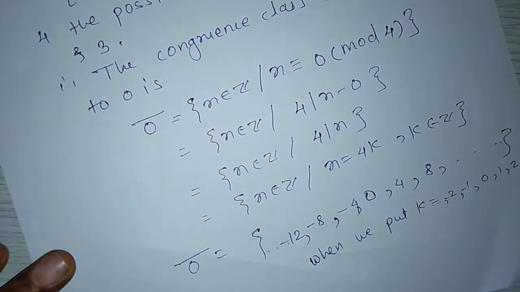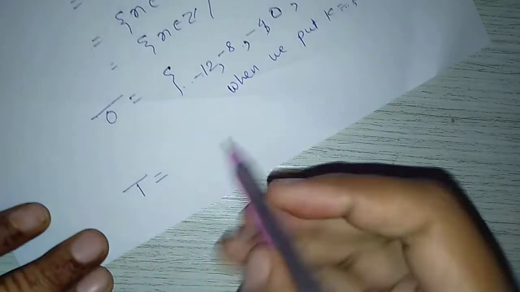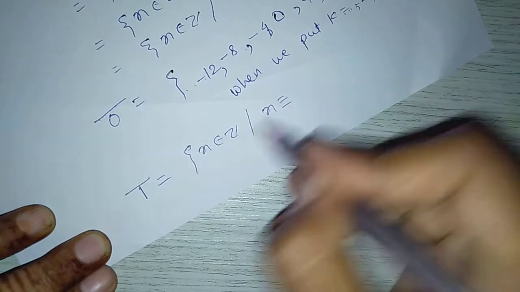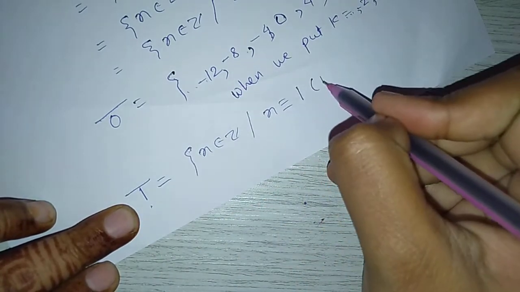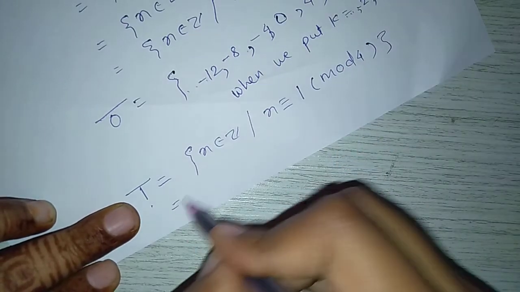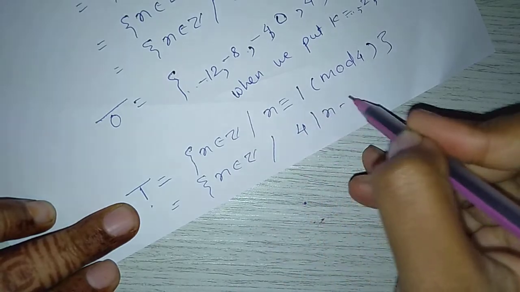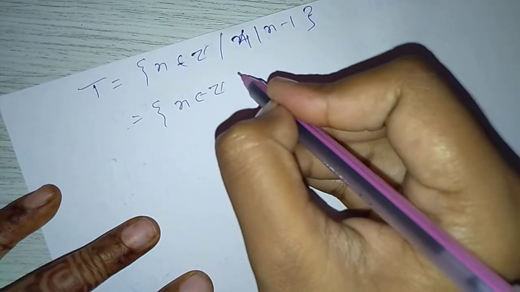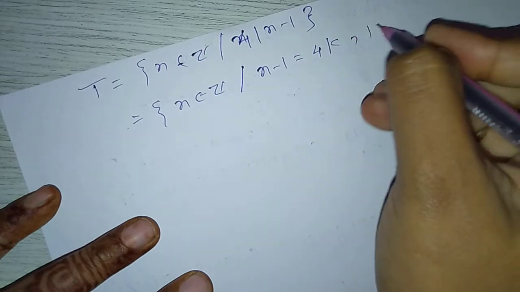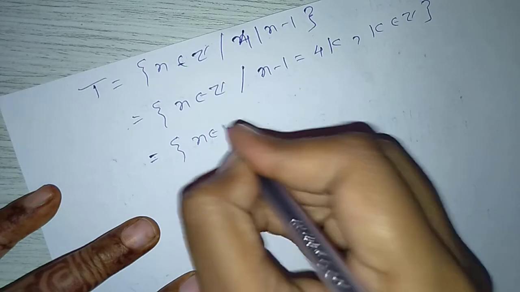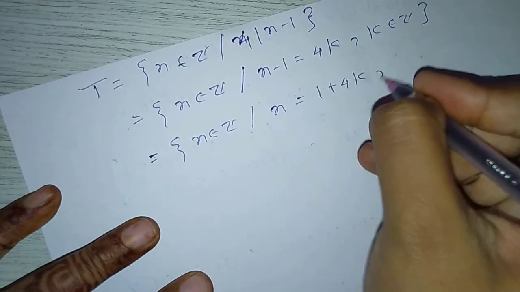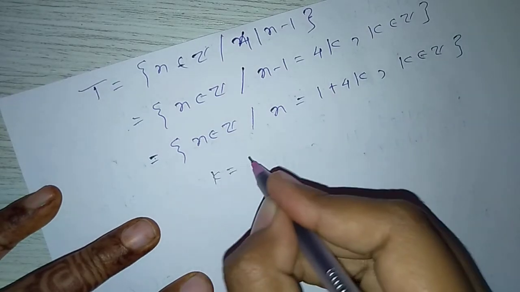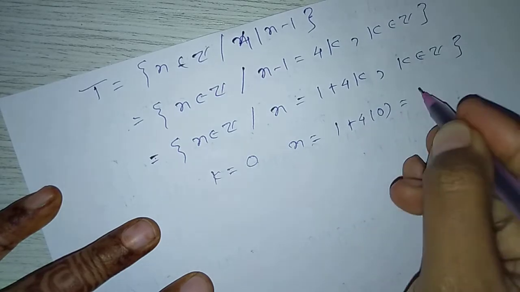Next, find the congruence class of 1, meaning 1 bar equal to the set of x belongs to Z such that x is congruent to 1 modulo n, where n is 4, which is equal to x belongs to Z such that 4 divides x minus 1, meaning x minus 1 equal to 4k, k belongs to Z. So x equal to 1 plus 4k, k belongs to Z. When we put k equal to 0, we get x equal to 1 plus 4 into 0, which is 1.